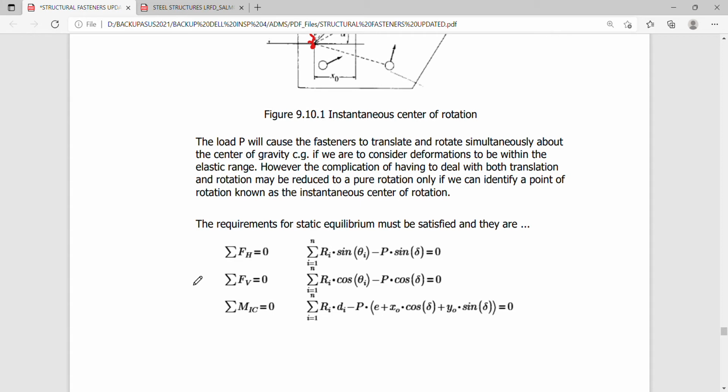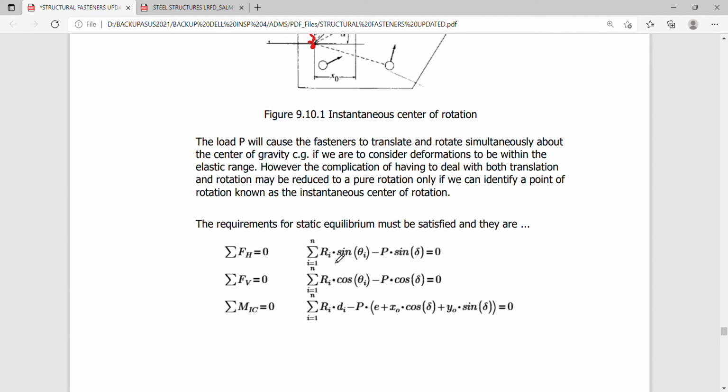And take note that if we consider a general equation in the form of a summation series of the effect of the resistance Ri with that of the single load P, we will come up with this simpler equation in this form.